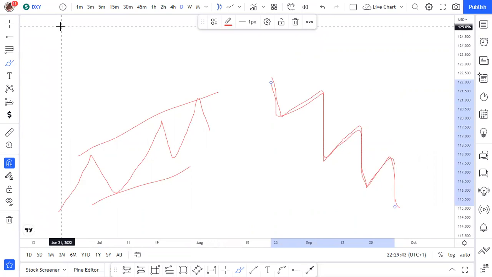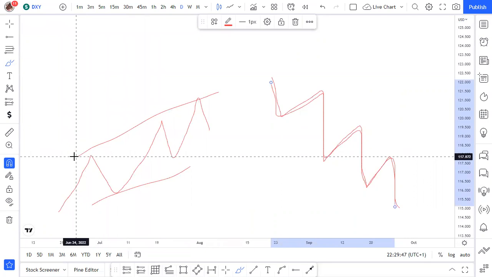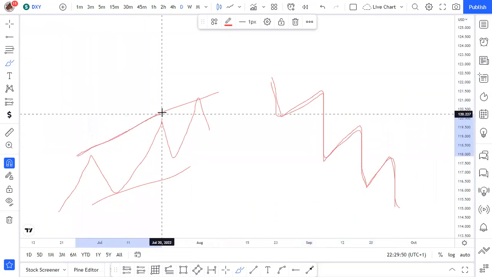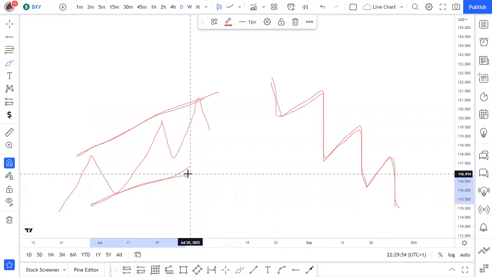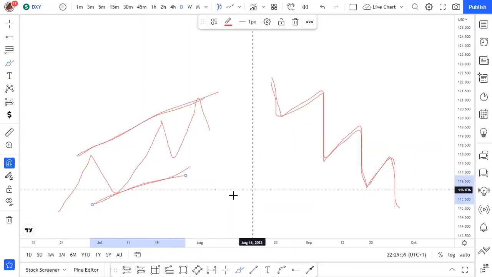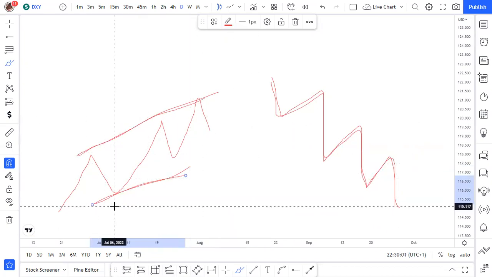If the dollar is bullish, most of the other pairs should be bearish. They are doing the opposite of the dollar index. If the dollar is rising, euro, pound, AUD USD, some of the major pairs should be bearish. It should be the opposite of the dollar index.